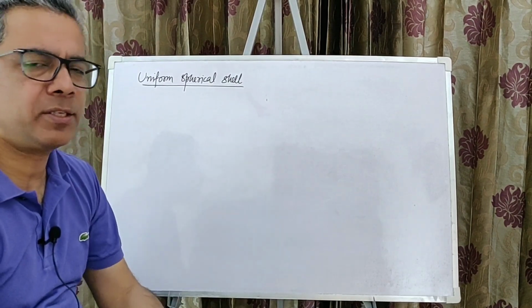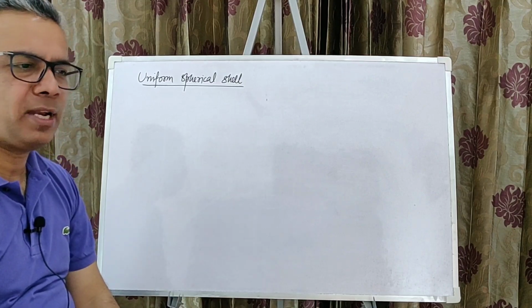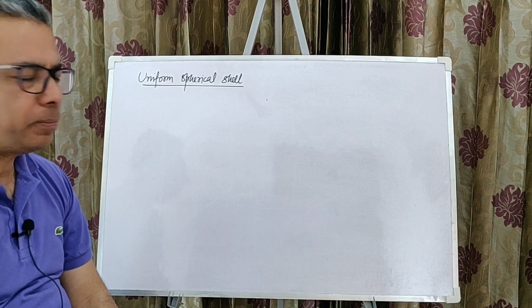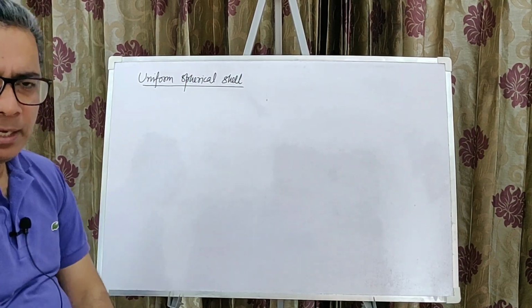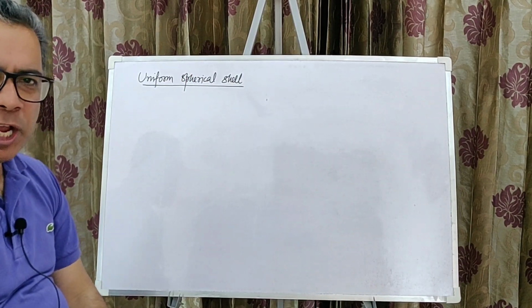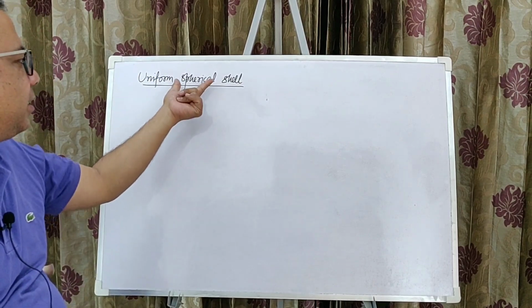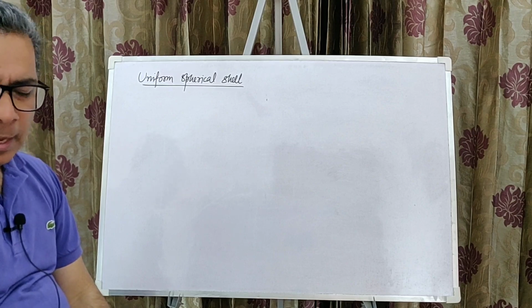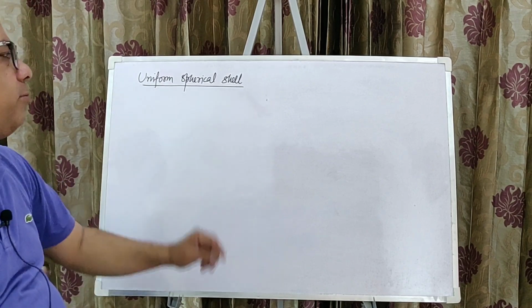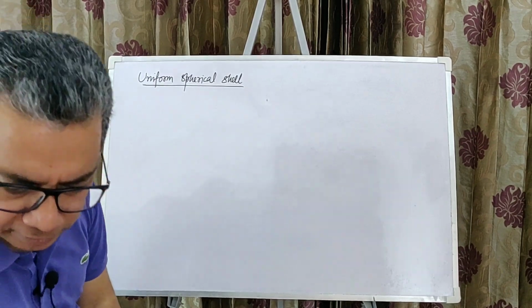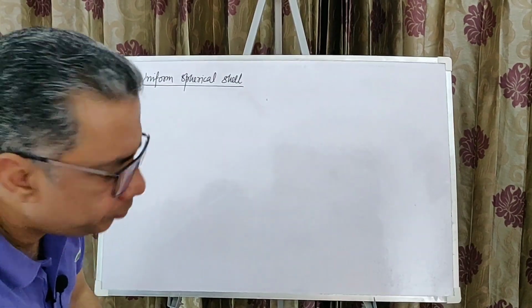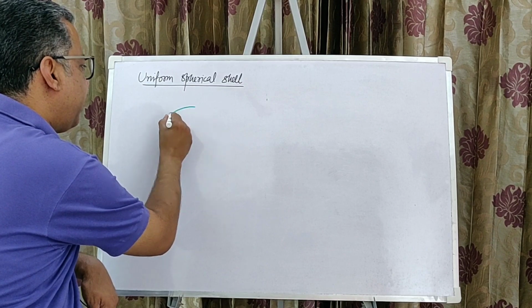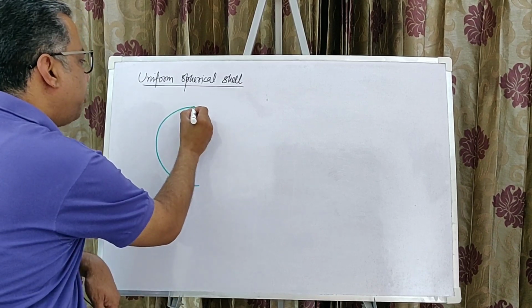The entire mass or the material of this body is on the surface. The inside is completely hollow. Such a body would be called a shell, and as this suggests, it's spherical in shape and it has a uniform distribution of charge on the surface. So we have here a uniform spherical shell of charge.